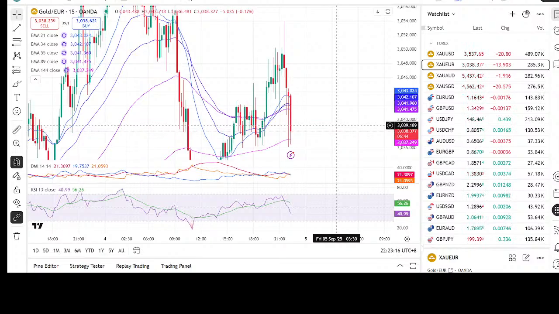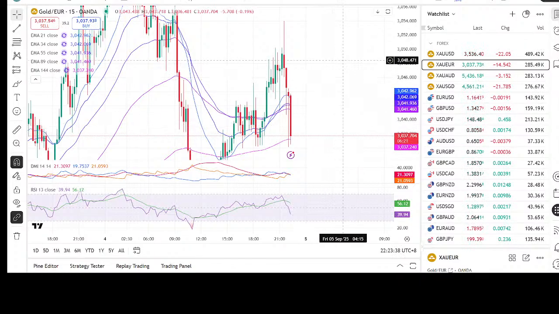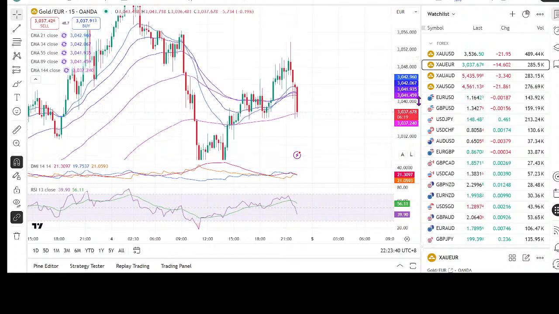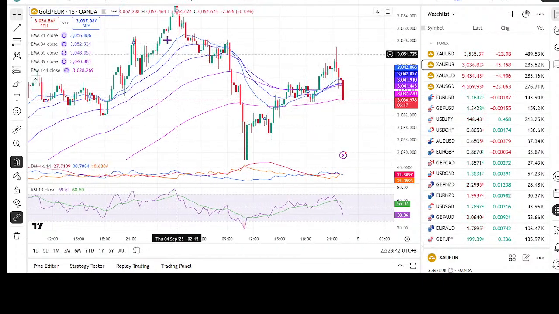But I don't know when, because this can only happen when the market is in a good trending mode, and that is the only time we can expect that to happen. Like for the last couple of days, it was all the way up, up, up. But unfortunately, when we try to get into the trade, this is where the big correction happening.